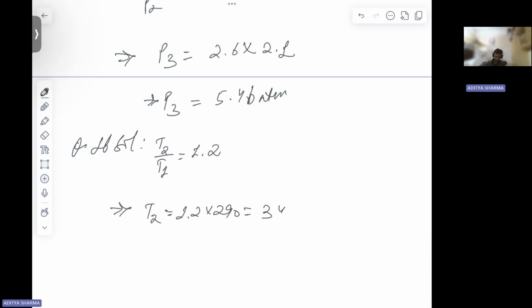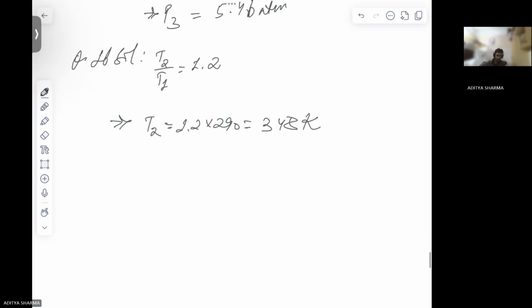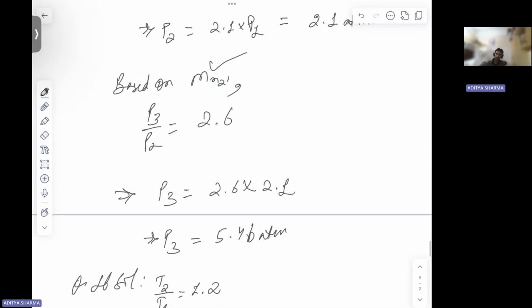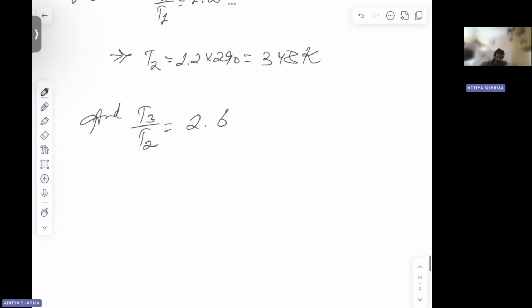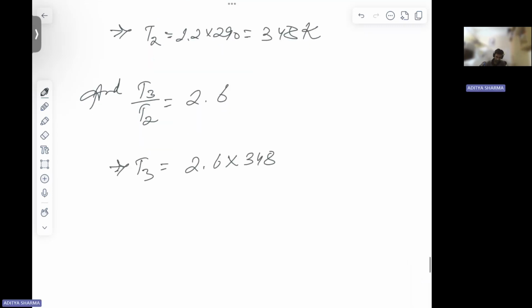So this becomes 348 Kelvin. Then T3 by T2 is 2.6 based on Mn2 dash. Okay. Implies your T3 becomes 2.6 into 348. So this becomes 904.8 Kelvin.